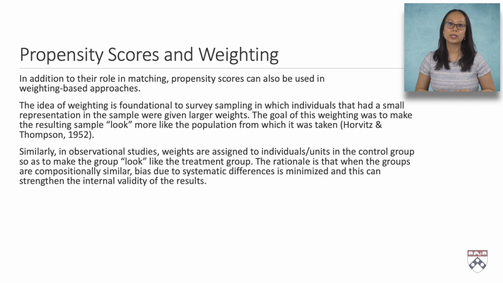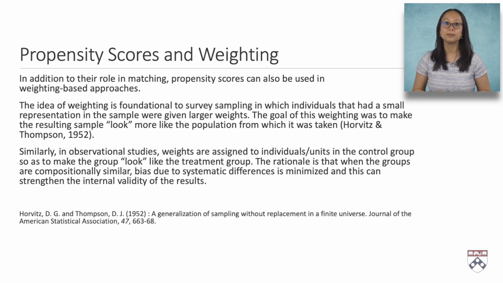The rationale for doing this is that when the groups are compositionally similar, so if we make the control group and the treatment group look similar to each other, then bias that's due to systematic differences can essentially be minimized, and this can strengthen the internal validity of the results. So that was matching, which again can be based on a single feature, multiple features, or the propensity score. And we can also perform weighting approaches with propensity scores as an alternative to matching.